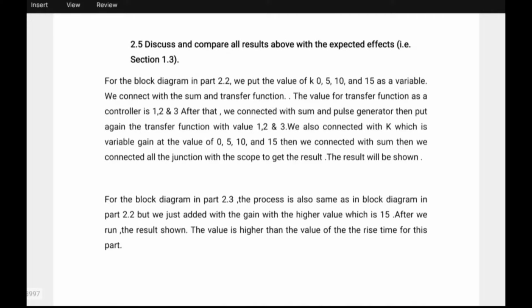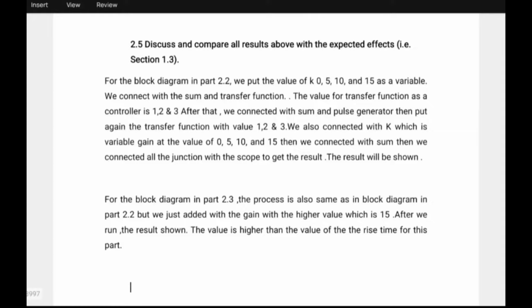As for the discussion, compare all the results above with the expected effects. For the block diagram in part 2.2, we put the values of k as 0, 5, and 10 as a variable, and connect it with the sum and transfer function. Then we put the value of 1 to 3, and also connect to k, which is a variable gain at the values of 0, 5, 10, and 15, and the results will be shown.